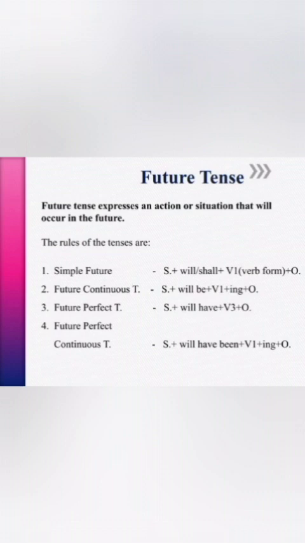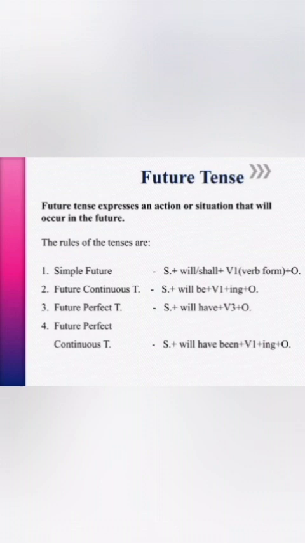Now look at future perfect tense. Its form is like that: subject plus will plus have plus V3 form of the verb plus object. Now look at future perfect continuous tense form. It's like that: subject plus will or shall plus have plus been plus V1 form of the verb plus ing plus object.